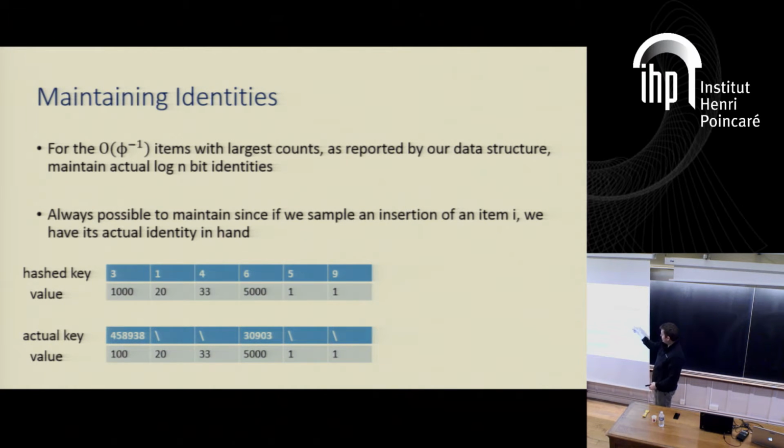Otherwise, I might be inserting this item i into the Misra and Gries data structure. And then I just check: is its value, if it has value 1, is that value amongst the top 1 over phi items? If it is, then I include its actual identity, which I have because it just got updated into this table.